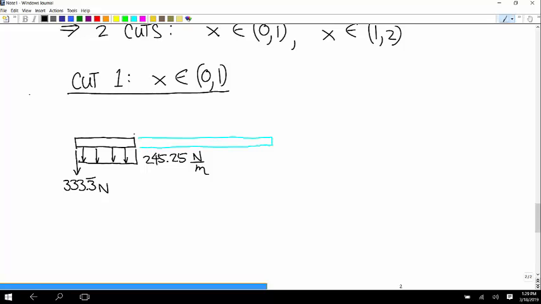And then there's no other distributed load. I'm just going to move this so I can draw some other stuff. So this is 245.25 newtons per meter.